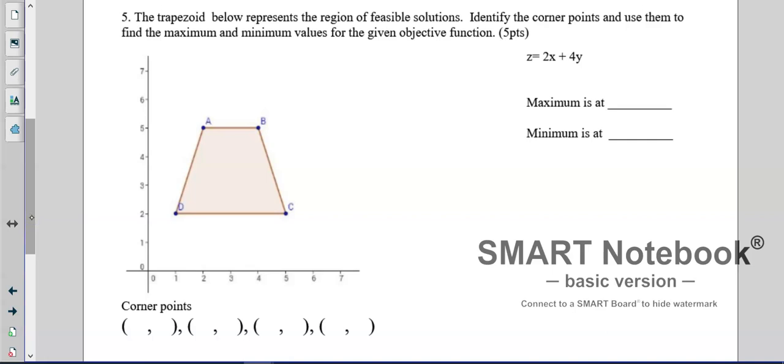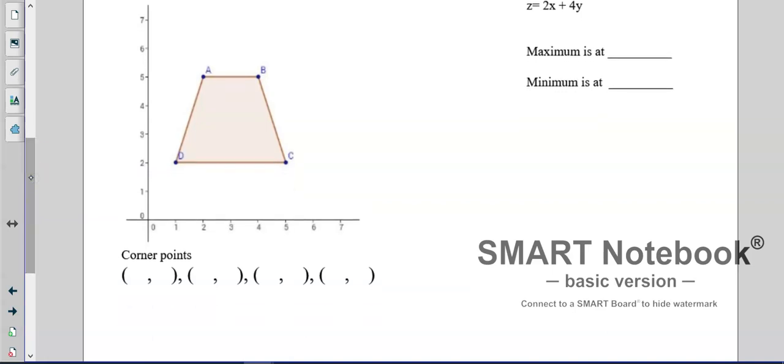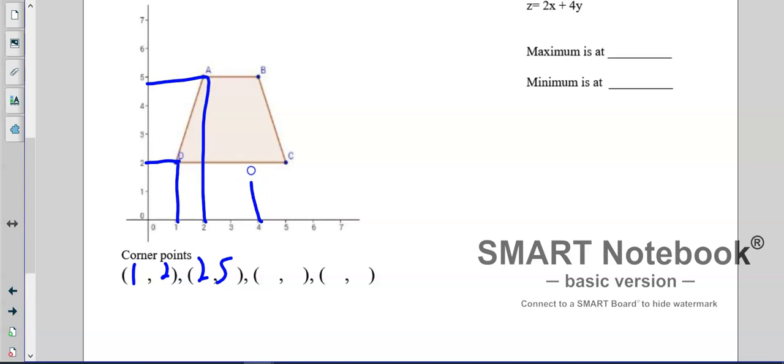Similar problem except from a drawing. So first off, you need to find these points. All right. So I'll just start right here. This is 1, 2. Then we have 2, 5. And then we have 4, 5.